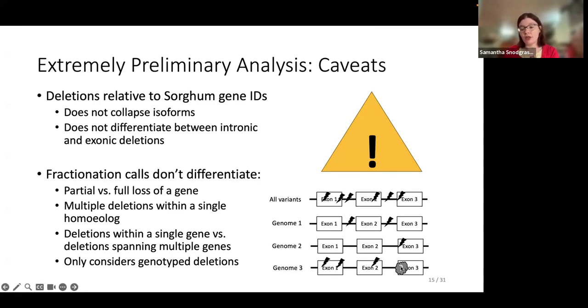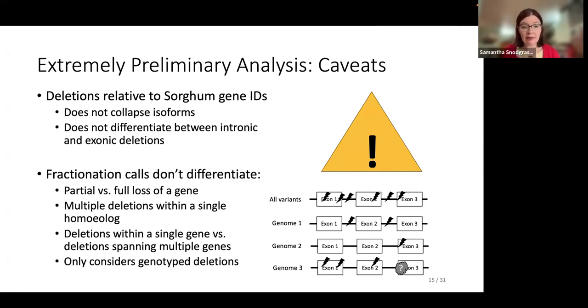So some of these calls for whether or not the indel was there or not were uncalled, right? So it's unclear if it is a reference allele or an alt allele. And so you get this kind of question mark there. So we tried to ignore those as much as possible throughout this analysis.